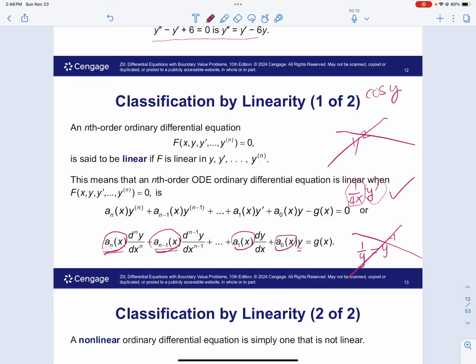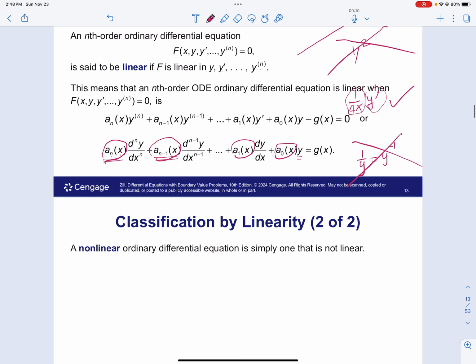No too, because cosine of y is not only y itself. It's a trigonometric function. Could we have the square root of y? As we already talked about, this is also a no. So this is linear and nonlinear.